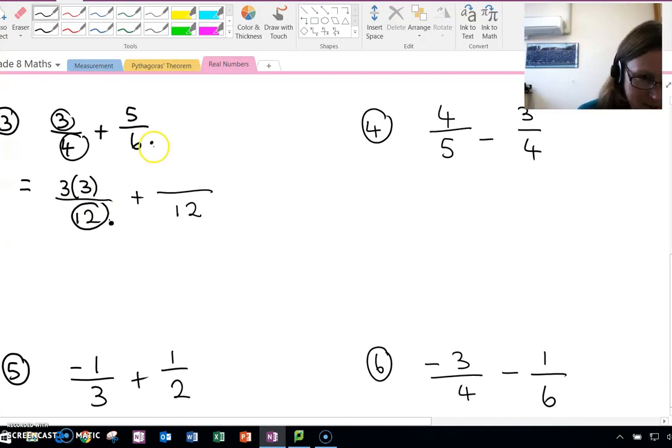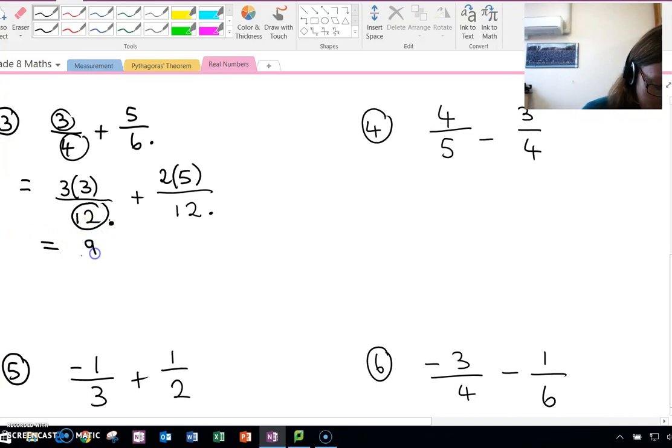Let's look here, 6 to 12. I multiplied 6 times 2 to give me 12, so on the top I put the number that was originally there, and I must also multiply that by 2. Whatever I multiply the bottom by, I must multiply the top by.